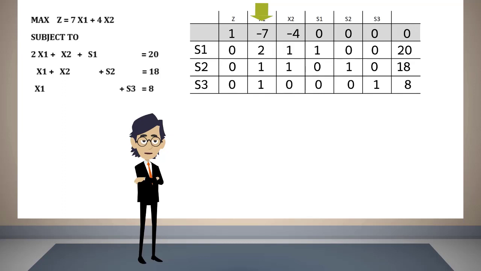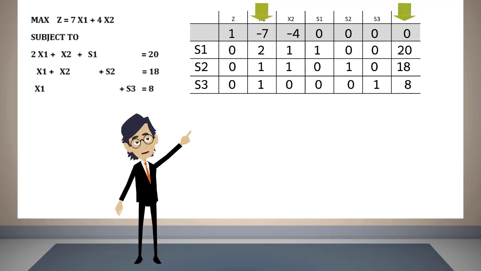Recall that in the last video we said that if the coefficient of a variable in a constraint is 0, or negative, the value of that variable could increase with no limits in that constraint. But if the coefficient of that variable is positive, then a simple way to identify up to what value that variable can increase in that constraint is to divide the value of the constant by the coefficient.